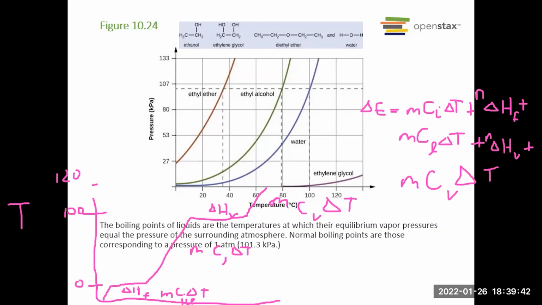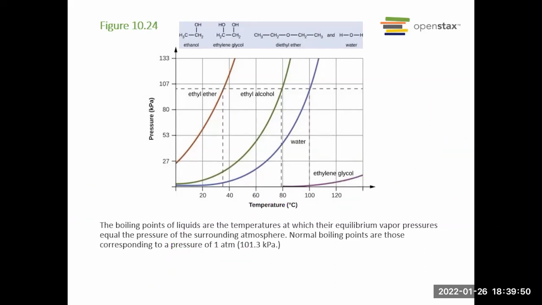Okay, so if we think about the boiling points, we've talked about the vapor pressure. Tell me about the boiling points of these four different compounds: ethanol, ethylene glycol, diethyl ether, and water. So we would expect what?